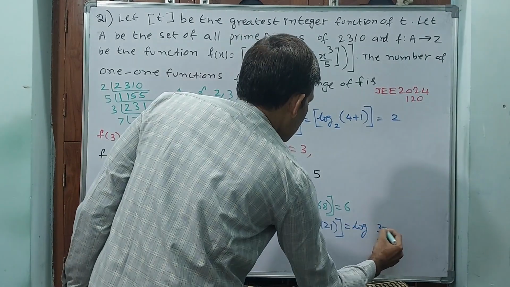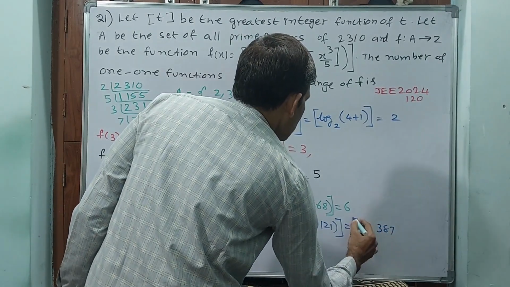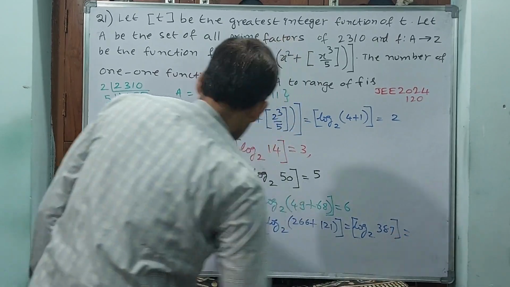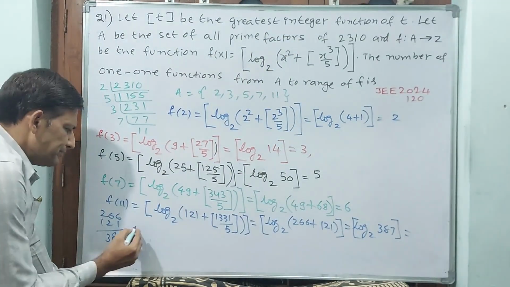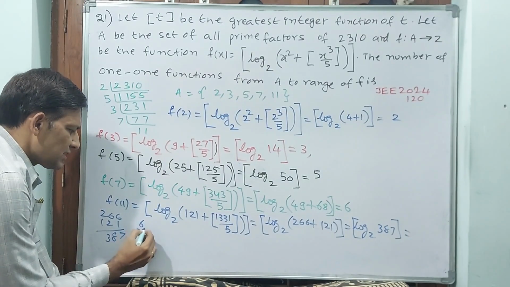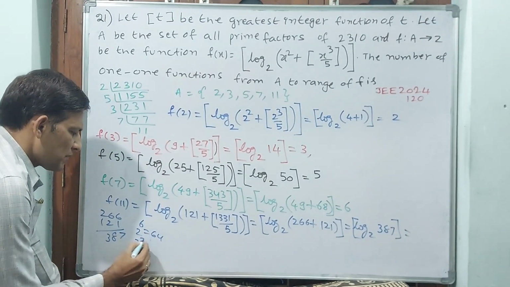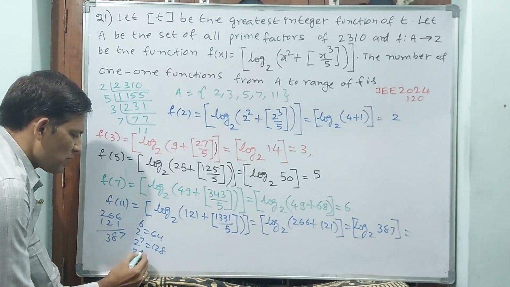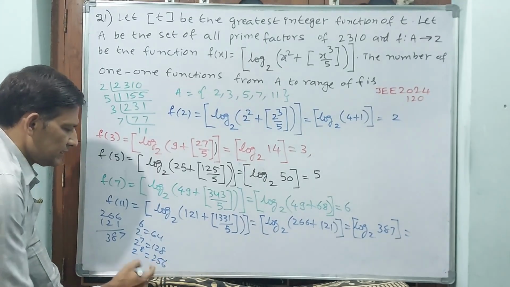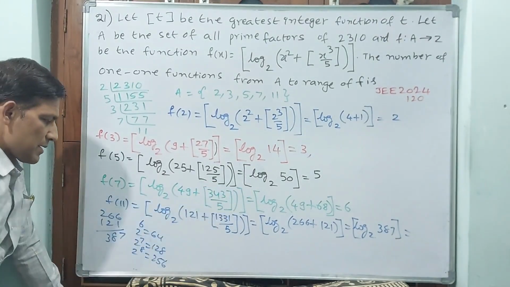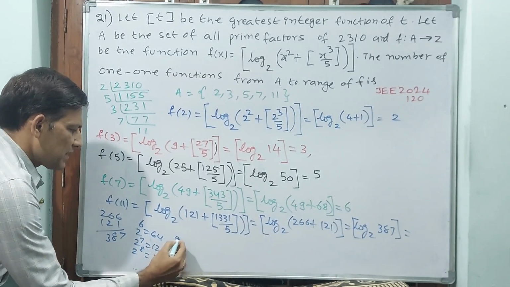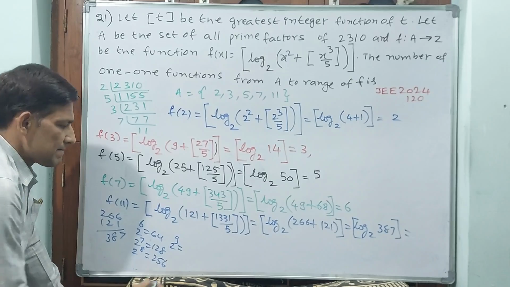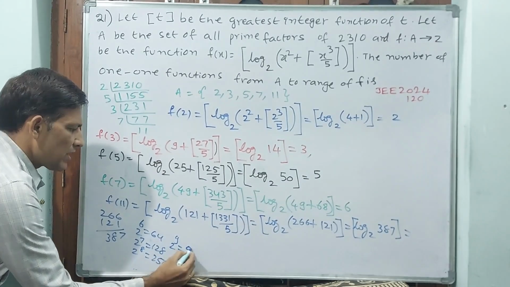266 plus 121, 387. Log of 387 base 2, but this should be under the greatest integer. Greatest integer. What is the answer? See, 2 power 6 is 64, 2 power 7 is 128, 2 power 8 is 256, 2 power 9 is 512.